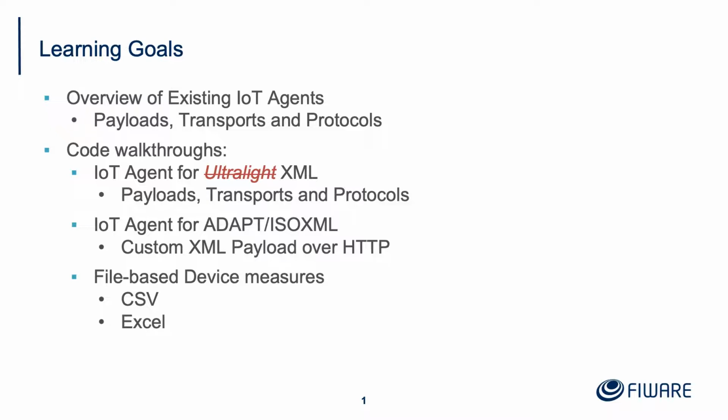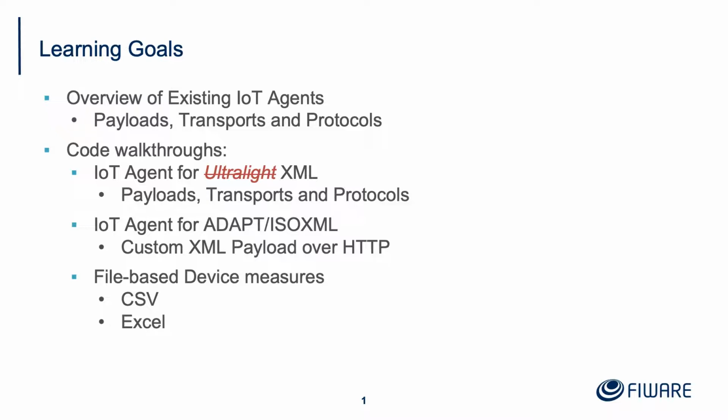If you're going to build your own IoT agent, you don't need to build it from scratch most of the time. Usually you can get ideas and a large chunk of the code, a large chunk of the framework, from an existing IoT agent. So we're going to walk through three different levels of custom IoT agent. The simplest one is just to take something like the IoT agent for Ultralight or the IoT agent for JSON and modify the payload a little bit.